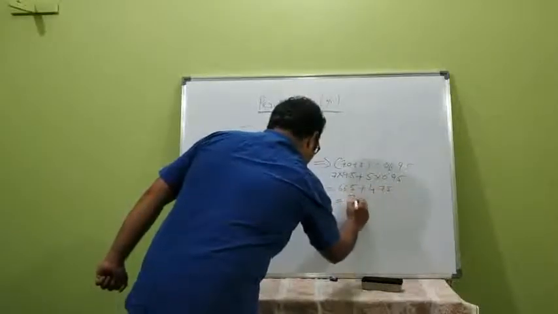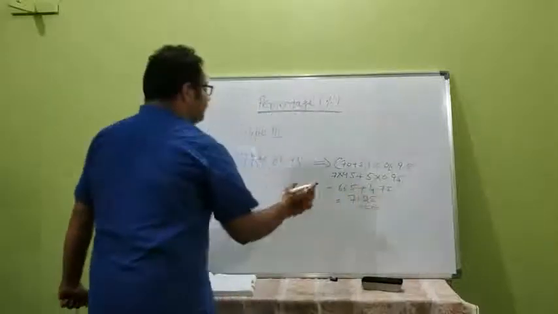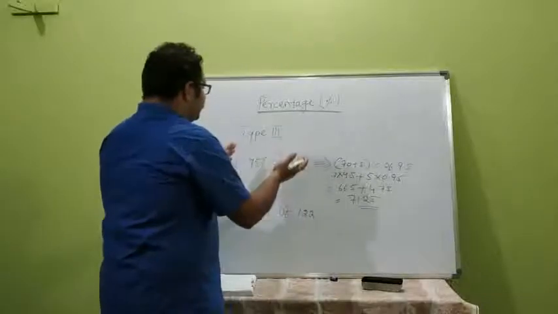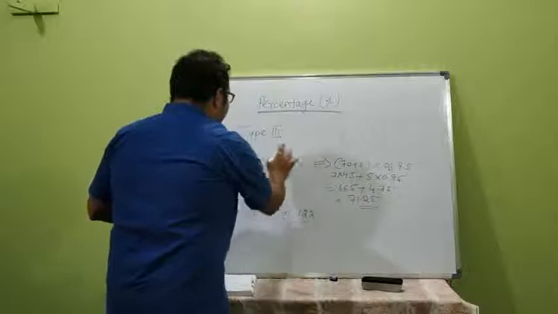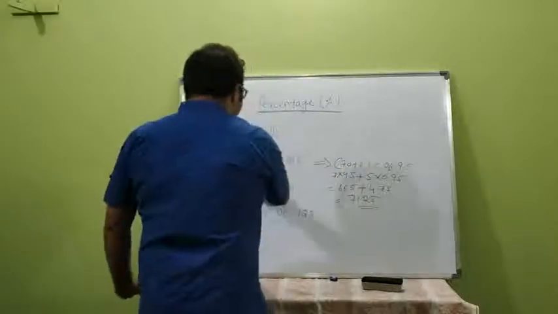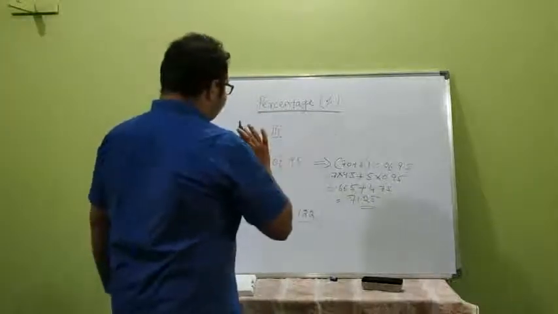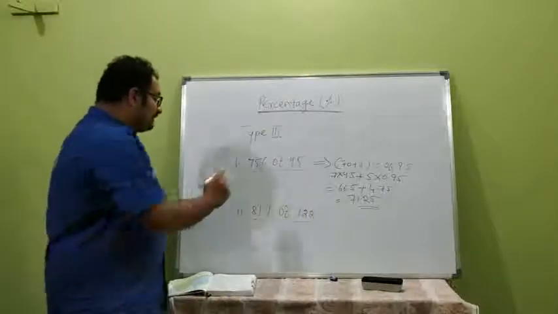So the total result is 71.25. 71.25 is the answer. You can make the problem in the reverse way also. 95% of 75 gives the same result as 75% of 95. Both values are the same.